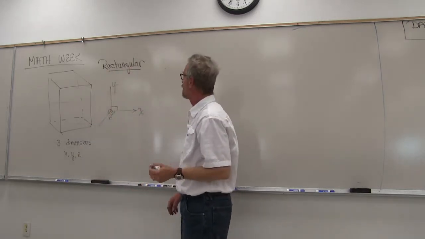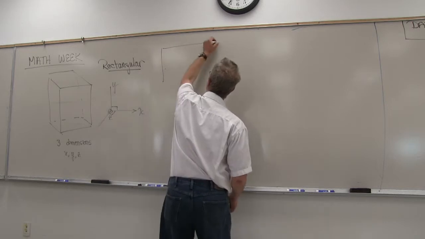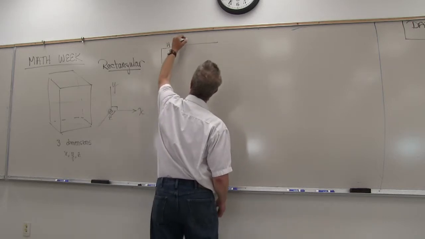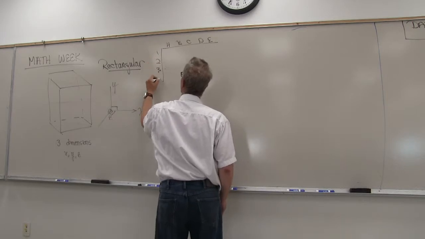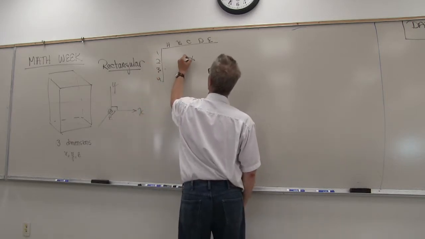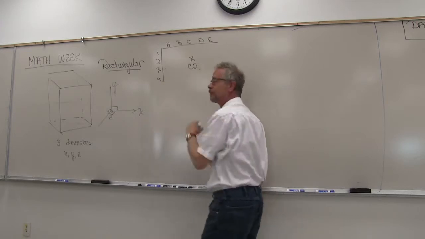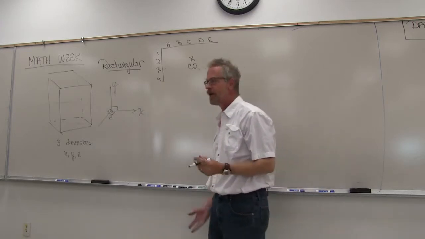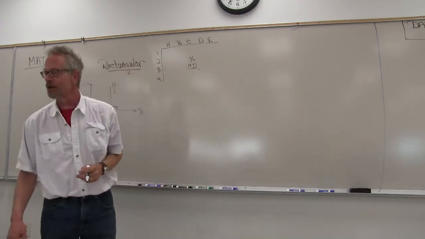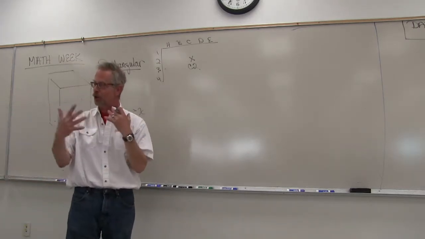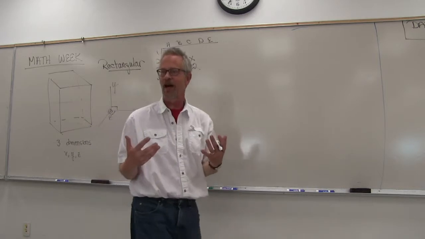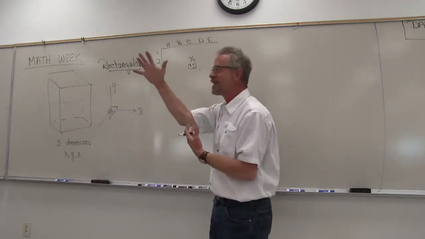If we look at an Excel spreadsheet, it has A, B, C, D, E, and 1, 2, 3, 4. And this cell right here is C2. Okay? That's what we call rectangular coordinates. It's in 2 dimensions, not 3. We can have multiple sheets in an Excel document, which in a sense gives us that third dimension.